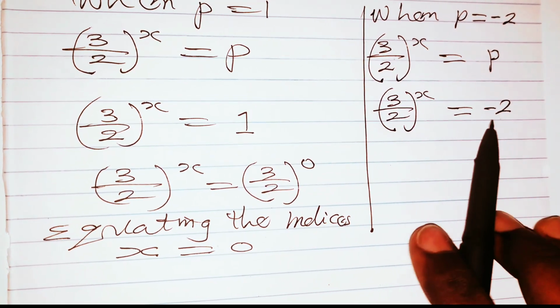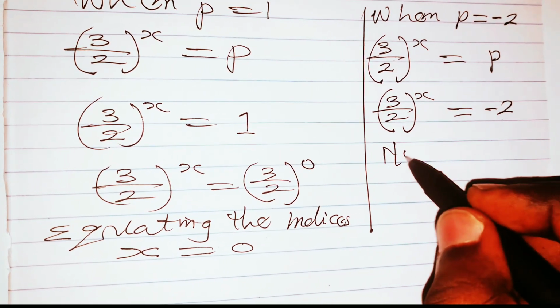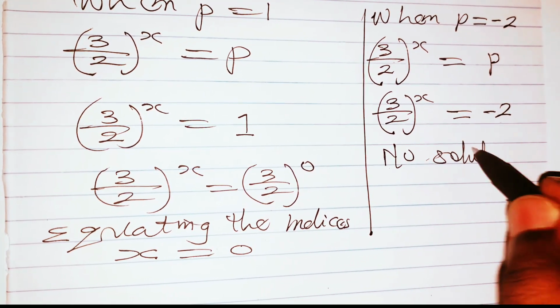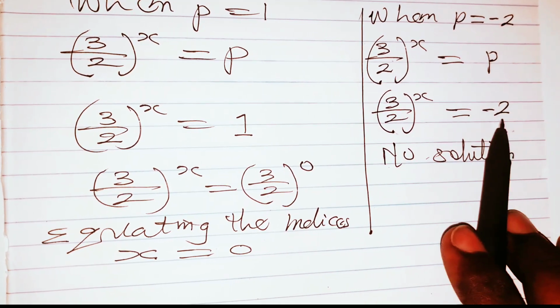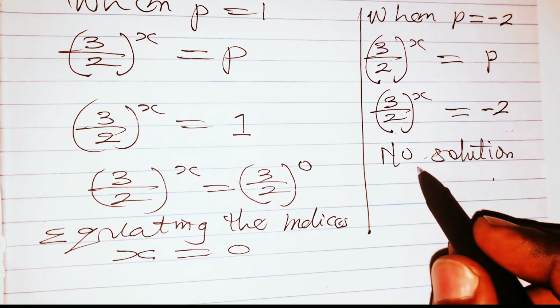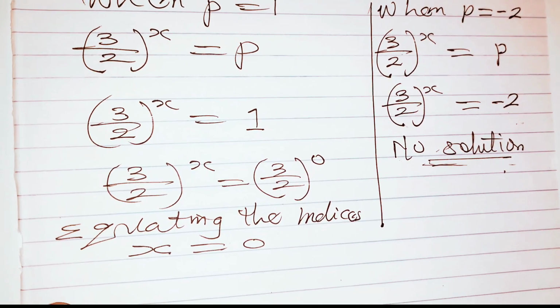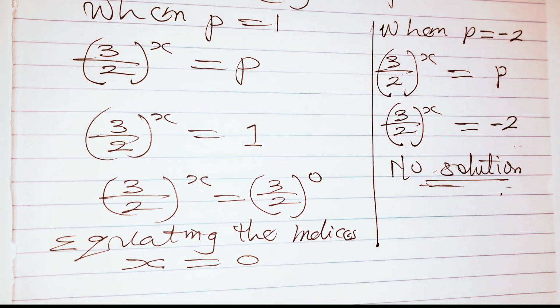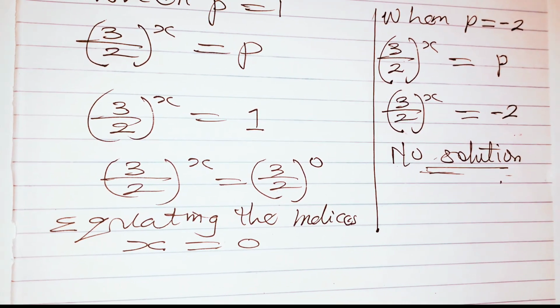In as much as your answer is a negative value for p, the solution here is no solution. You cannot obtain any number that, when 3 over 2 is raised to that power, will give minus 2. So there is no solution here. So it's impossible. And therefore, our answer to the value of x in that exponential equation is x equal to 0.